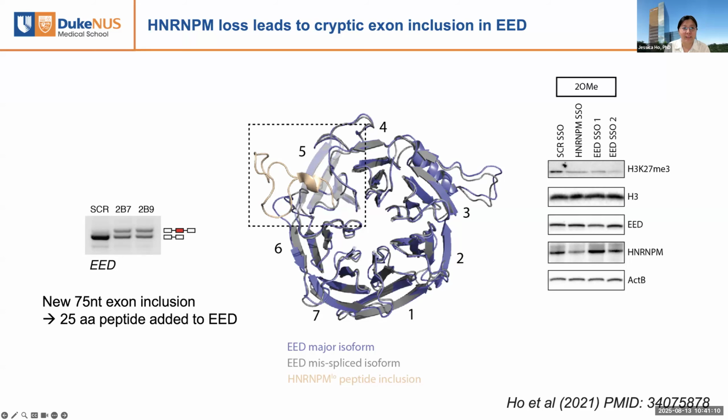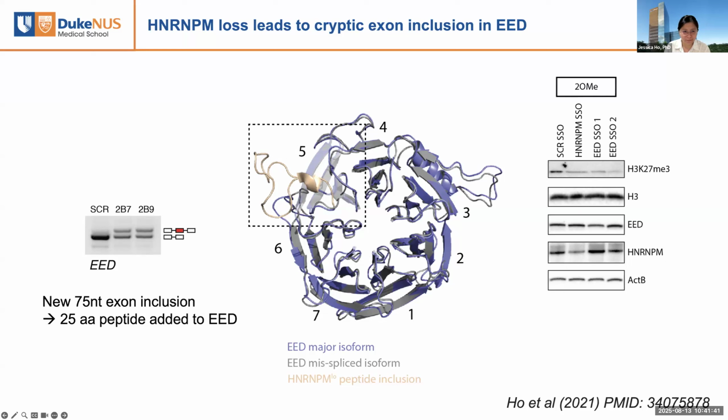And indeed, when we did the Western blots looking at HNRNPM knockdown, what we found was that H3K27 methylation was actually much reduced in the HNRNPM knockdown cells compared to scrambled treated cells. Similarly, if we use a splice switching oligo, the EED SSOs, to force this splicing event, we also could reduce H3K27 methylation levels equally.